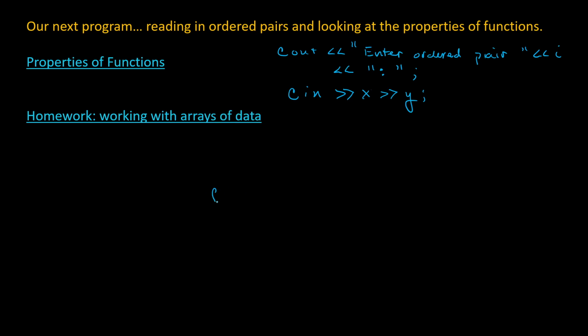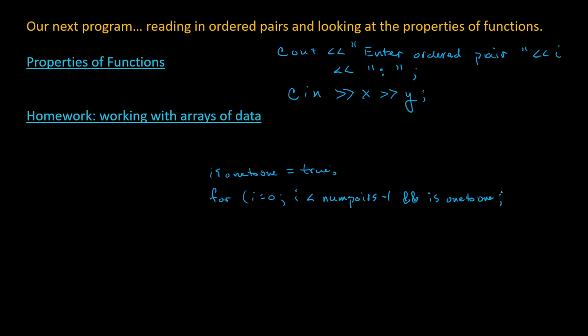So I could have for i equals 0. Let's see. Is 1 to 1 equal true? i less than some pairs. Because you're going to tell me how many pairs you entered, or actually num pairs minus 1 at this point, and is 1 to 1.